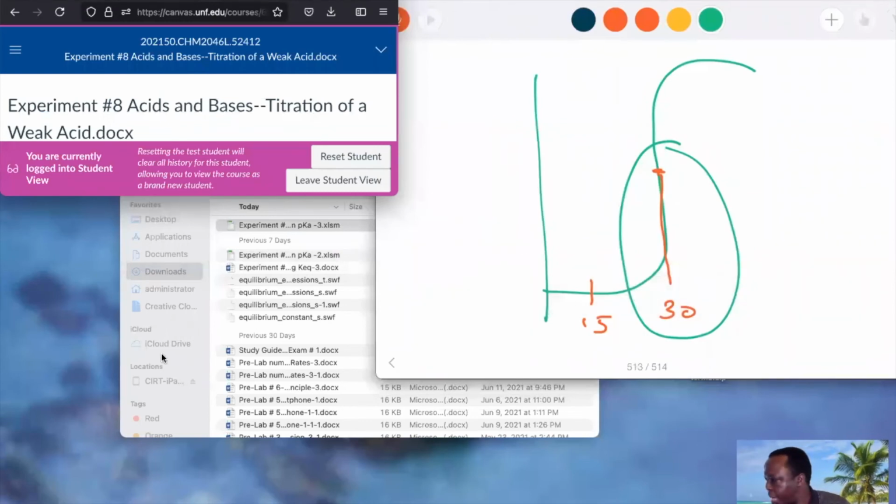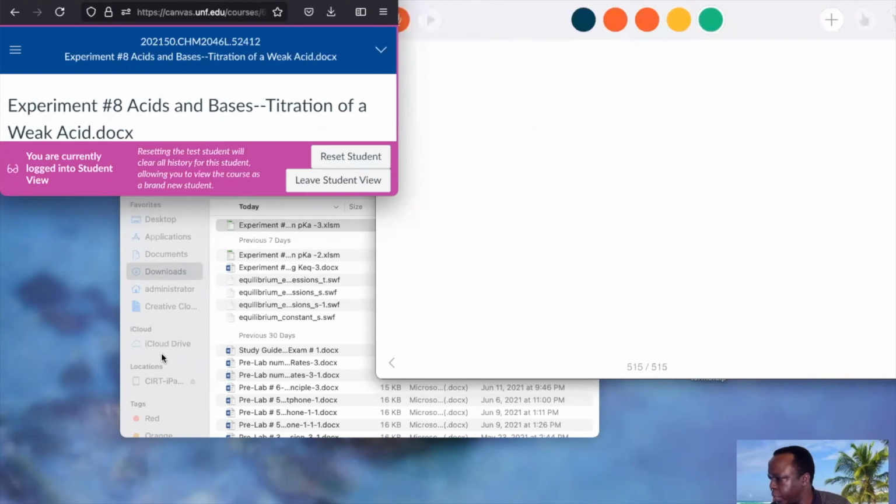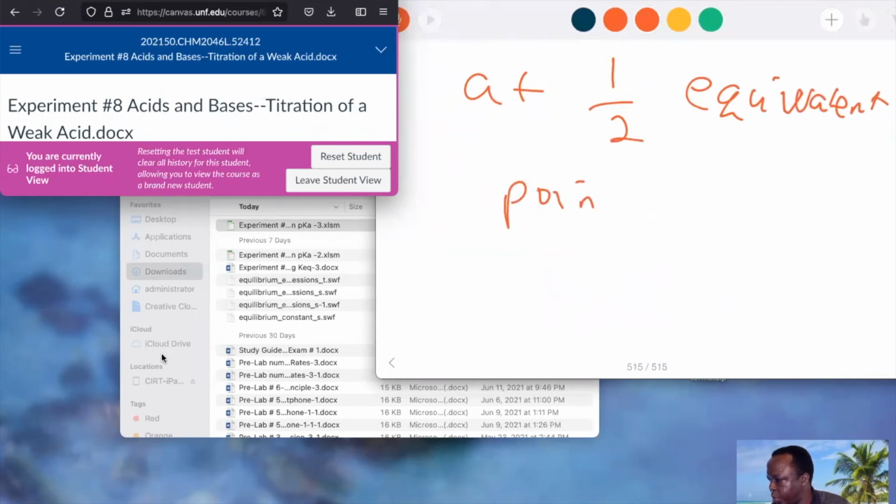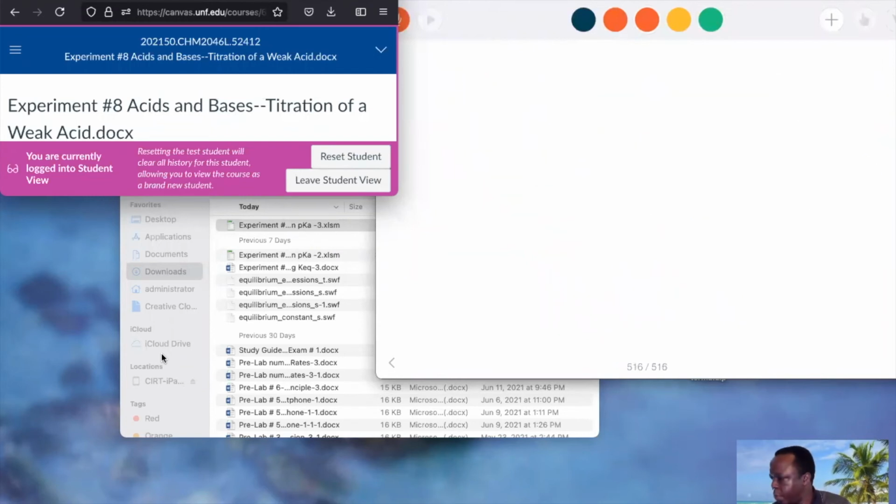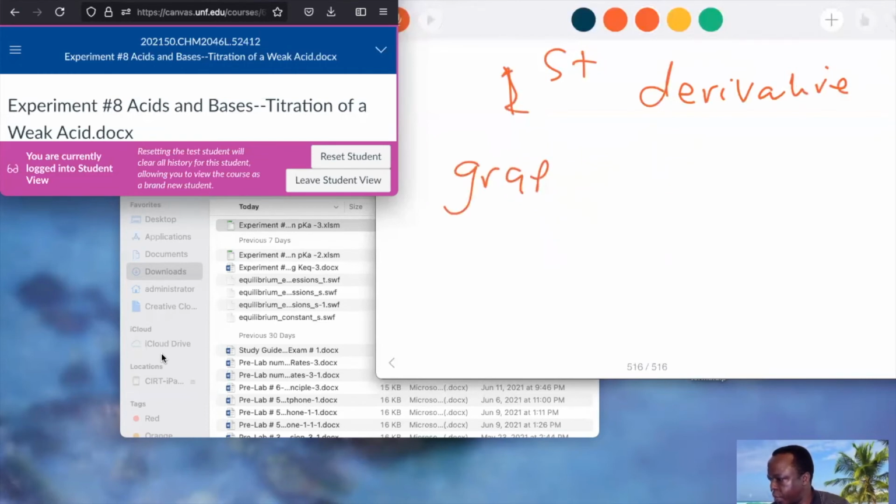This value at the half equivalent point, pH equals pKa. And how are you going to get that? You'll perform the first derivative graph for this.